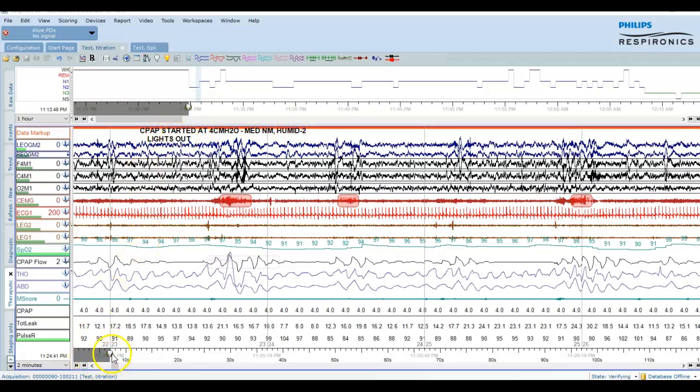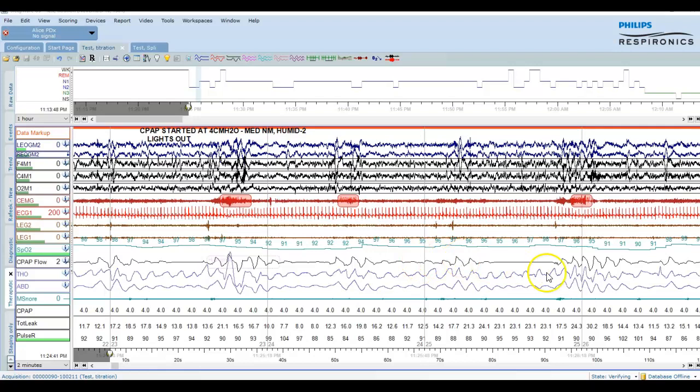Lights out is at epoch number 23, at about 11:24. The patient was already asleep. The technicians couldn't do the physiological calibration, but they already did the mechanical calibrations, impedance check, and all those technicalities. Now it is the lights out stage, and you can see that the patient is already asleep.